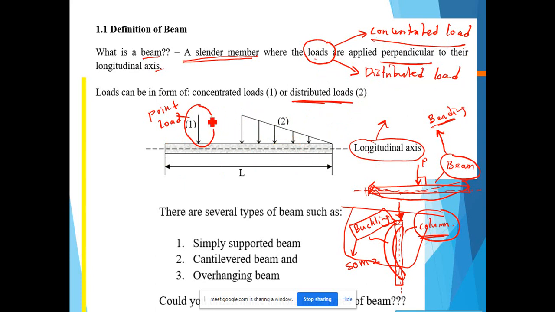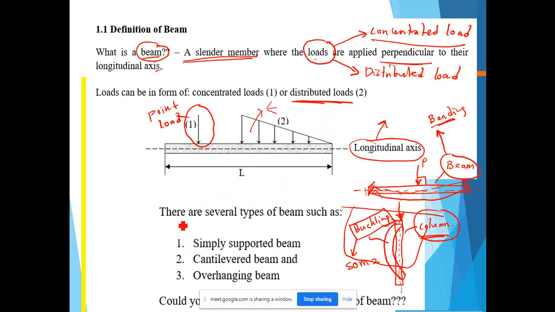Concentrated load is only in some cases. Distributed load also has different types, I will explain later lah: triangle type, rectangular type, trapezium type, and so on. Now we understand what a beam is.